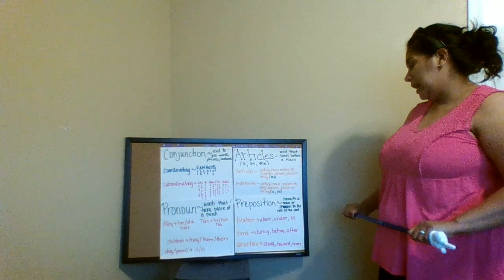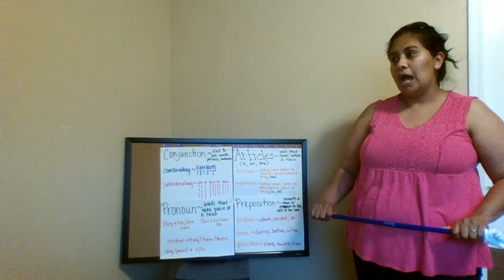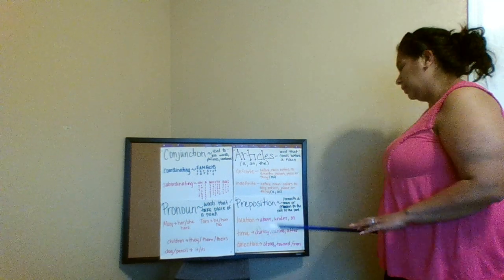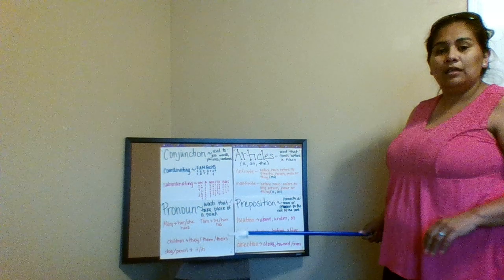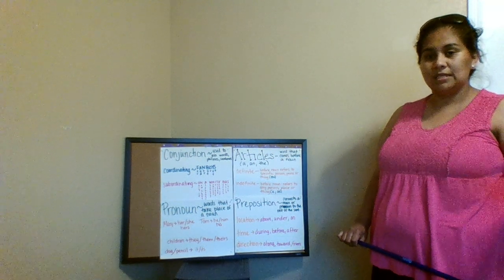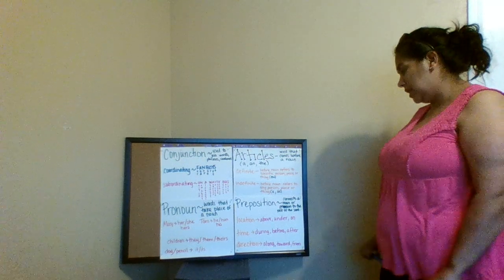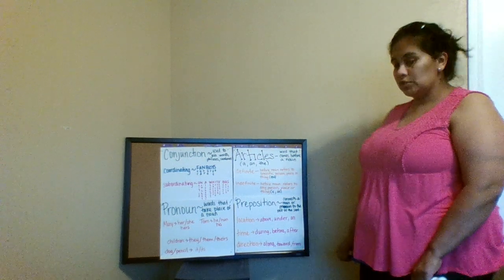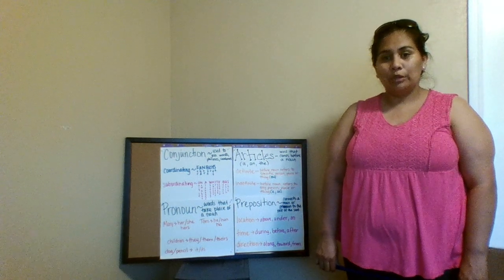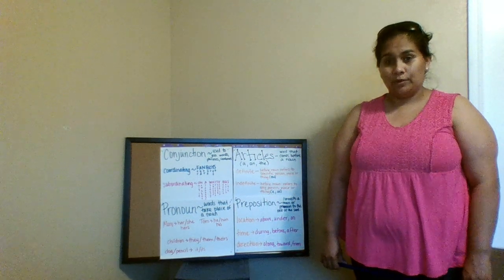If I say, I am going to eat snacks during the movie, the word during is telling me the time that something's going to happen. It's connecting one part of my sentence to the rest of it. That is it for our parts of speech review. We will be going over specific types of pronouns next.